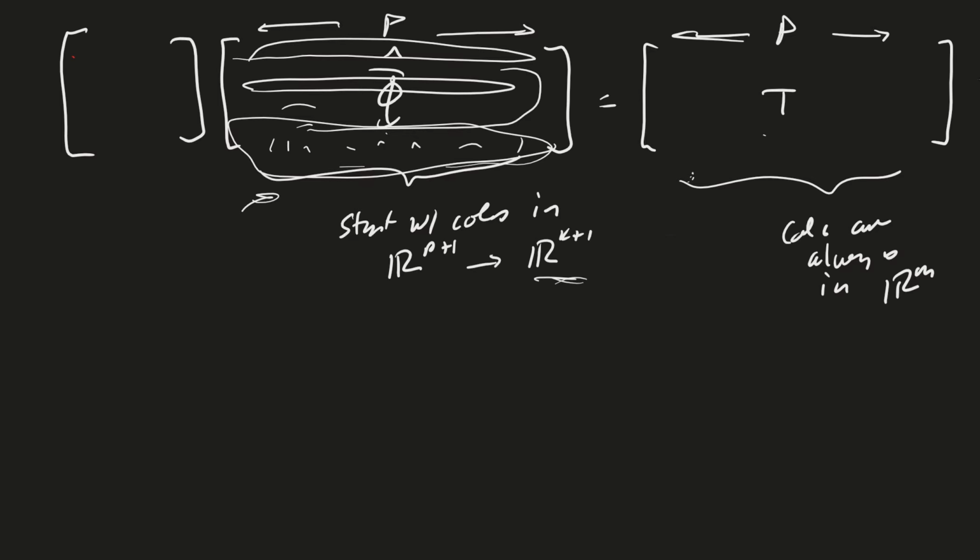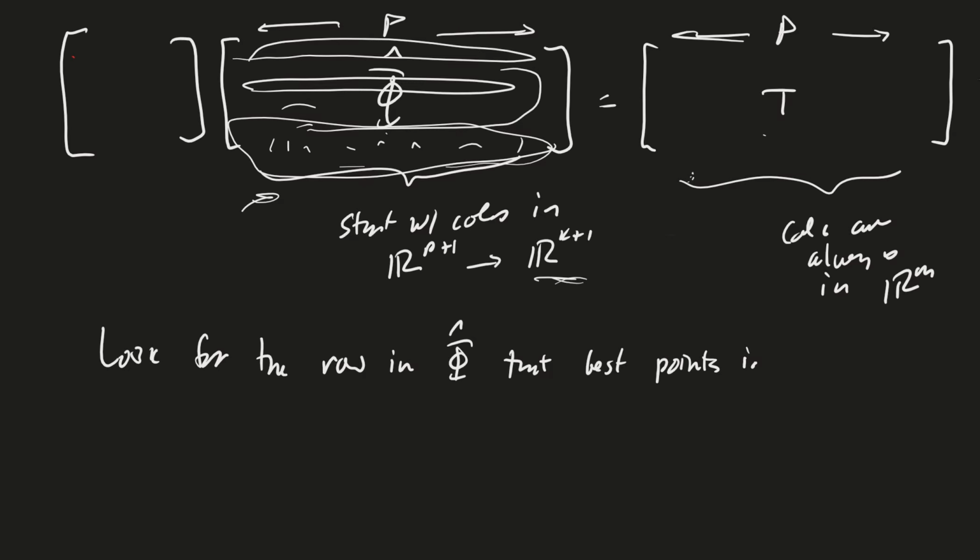So let me get to the point here. We want to look for the row in phi hat that best points in the same direction as a row in T. Good.